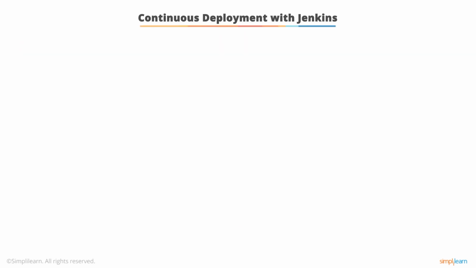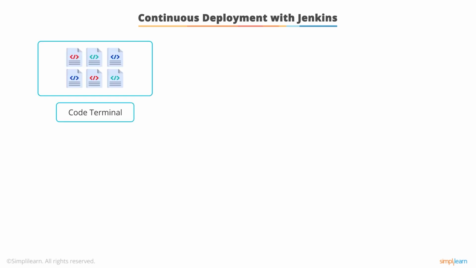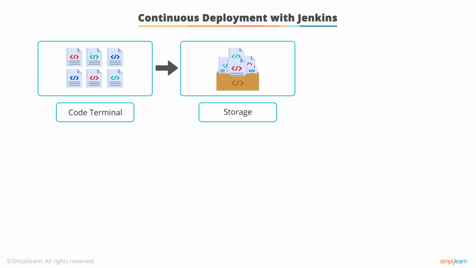Continuous deployment with Jenkins. As you can see in the slide, continuous deployment, which we abbreviate as CD, consists of 5 operational stages. The first stage is coding, which is typically done on the developer's local workstation. The next stage is storage. During the storage phase, a developer commits his or her code to a source control management system such as Git.